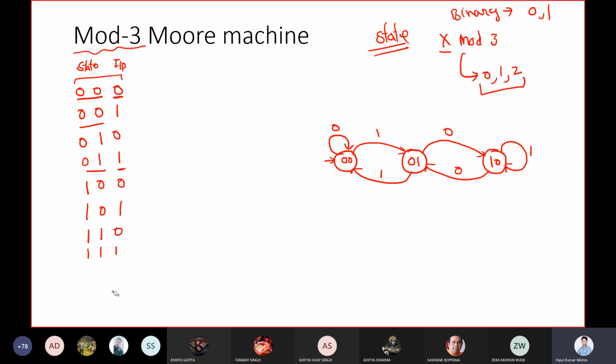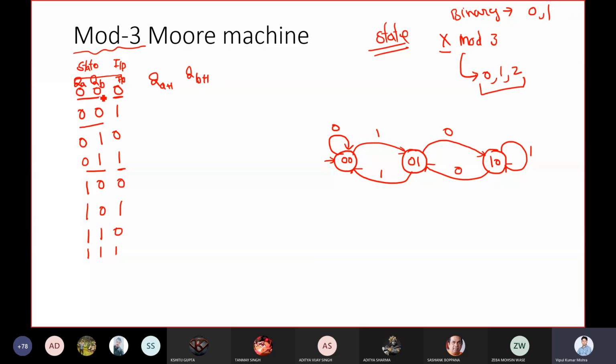Now the next part, I have QA, QB and your input. Now I have QA plus 1, QB plus 1. So check out this state machine and find out QA plus 1 and QB plus 1.